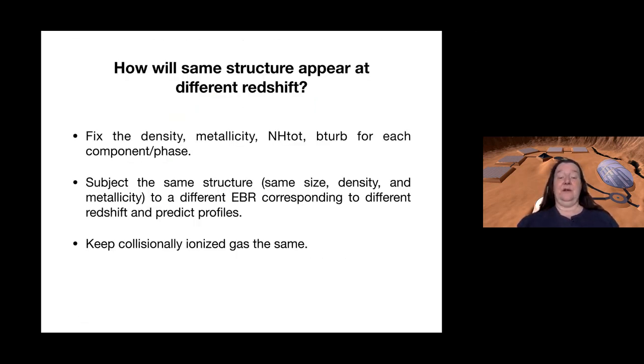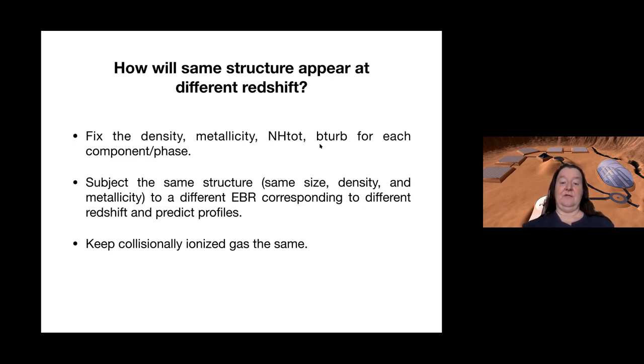So the final point is, how do these structures evolve, and how do the absorption line profiles get affected by that? So a simple thought experiment to do is, let's take the redshift 1 example that I gave, example 2, and let's fix the density to the same as in the redshift 1 case, the metallicity, the N_H total, and the b turbulent for each of the components.